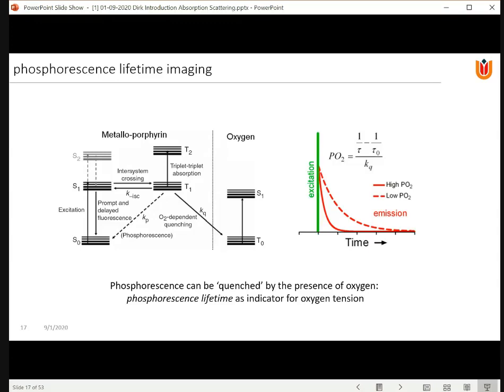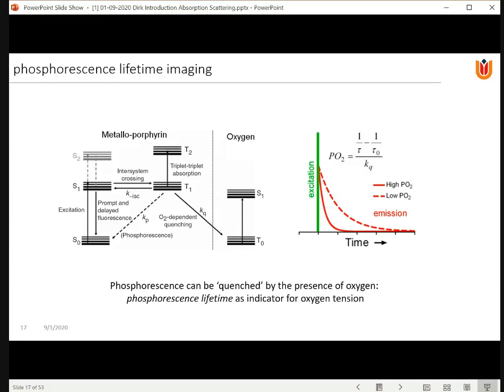And once we're there at the T1, then as drawn here, three things can happen. The first is it stays for a while in this triplet state and then emits a phosphorescent photon and then decays to the S0 state. That is what we discussed. Yeah, that is the same.